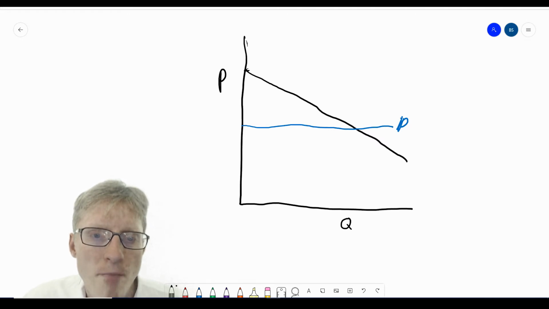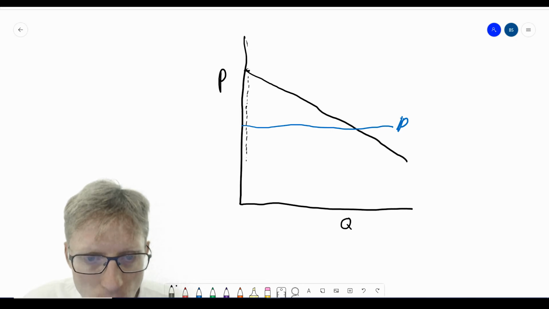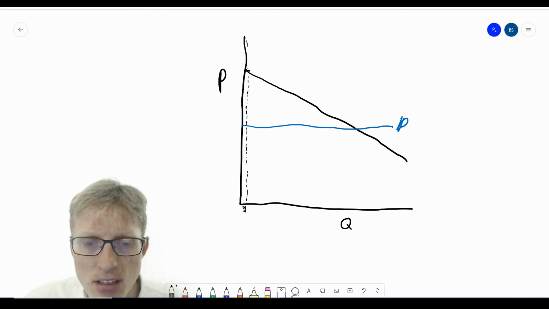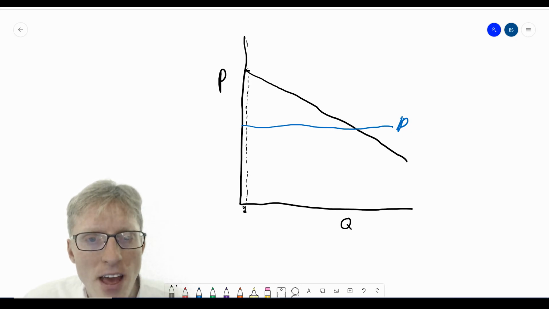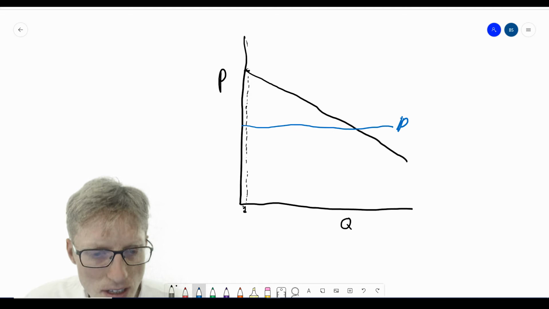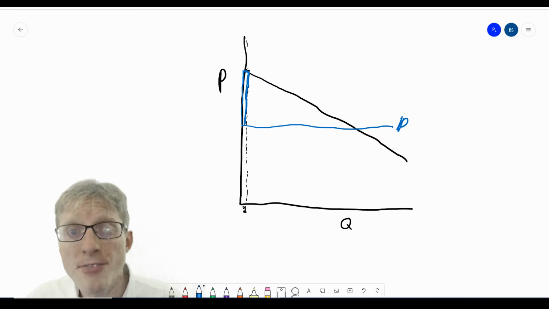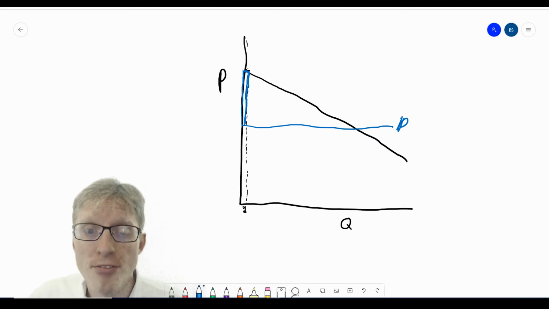Another way of illustrating my surplus is it's a rectangle with a width equal to the 1 unit that I'm at least initially buying, and the height of this rectangle here is the difference between my reservation price and the market price, which in the example I gave a minute ago was $5.